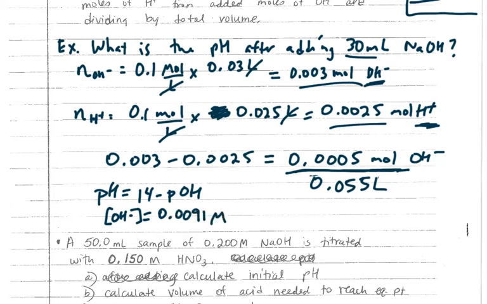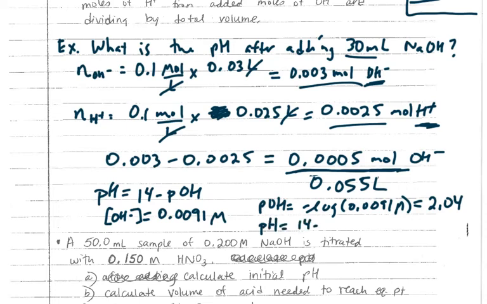So the concentration of OH minus is therefore 0.0091 molar. 0.0005 divided by 0.055. So now we can find the pOH, which is going to be the negative log of 0.0091 molar. So the pOH is 2.04, and the pH is 14 minus 2.04, which is 11.96, which makes sense.